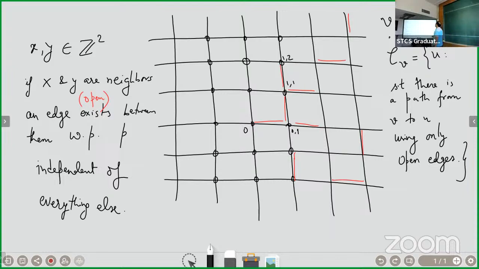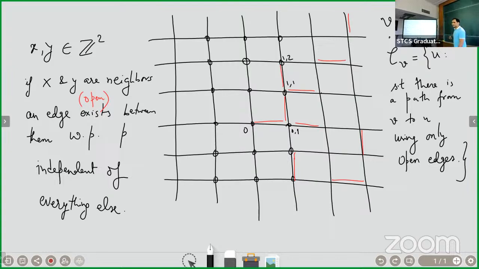There can be only one answer. It says all possible vertices which I can reach using open edges. I can definitely reach this one, this one, and this one. That counts 3. I can also reach this one and this one. If you're not including the origin itself, it will be 5. Otherwise, it's 6.